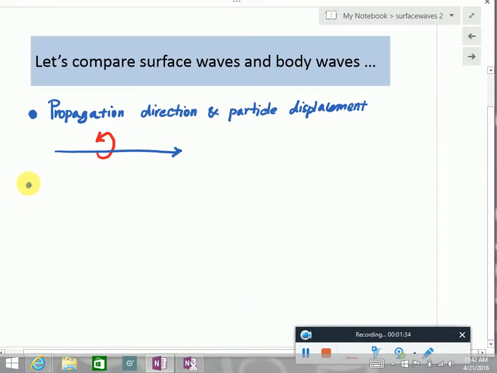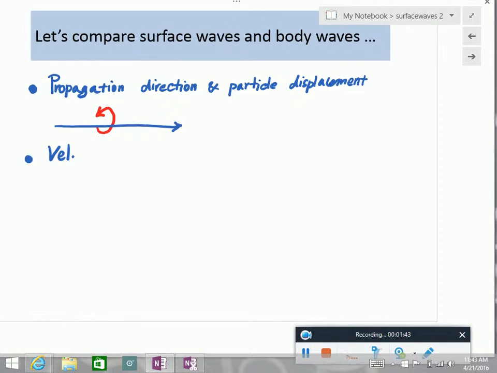What else? How about in terms of velocity? Last time, we kind of casually derived the equation which gives us the velocity of surface waves. And what's the main thing to remember? That it relates to the Poisson's ratio, and the velocity of the surface wave is smaller than the S wave.